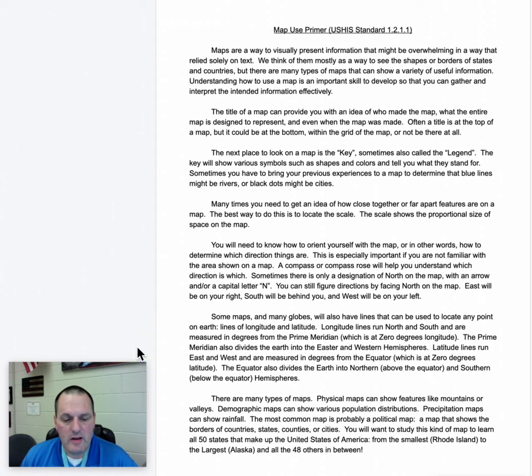The prime meridian also divides the Earth into the eastern and western hemispheres. Latitude lines run east and west and are measured in degrees from the equator, which is at 0 degrees latitude. The equator also divides the Earth into northern, above the equator, and southern, below the equator, hemispheres.